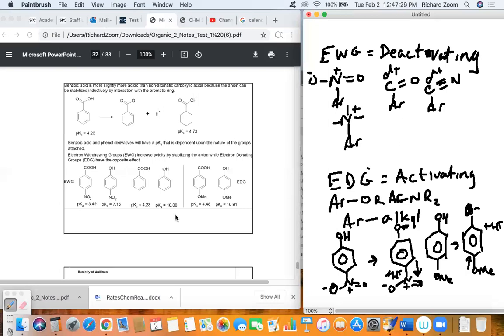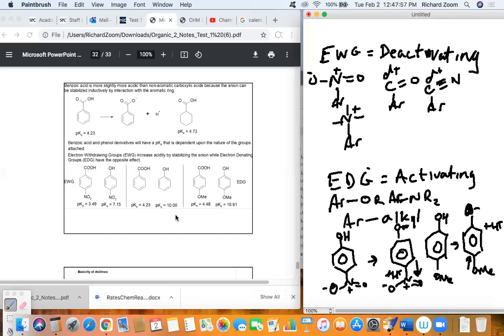So activating group stabilize the negative charge. No, an activating group will destabilize the negative charge because it's pushing electrons into the ring and therefore pushing electrons towards negative charge, Miriam. Okay, so because it's same charge, it makes it more destabilizing.